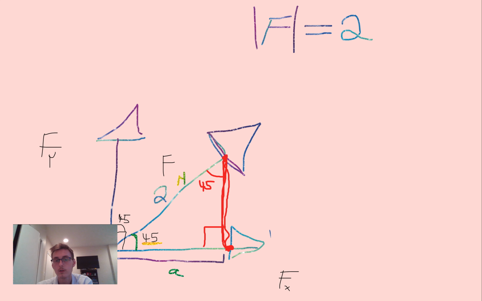So tangent of theta is equal to our adjacent side, which we will call fx, magnitude of fx. And then, so that's adjacent over hypotenuse is 2.